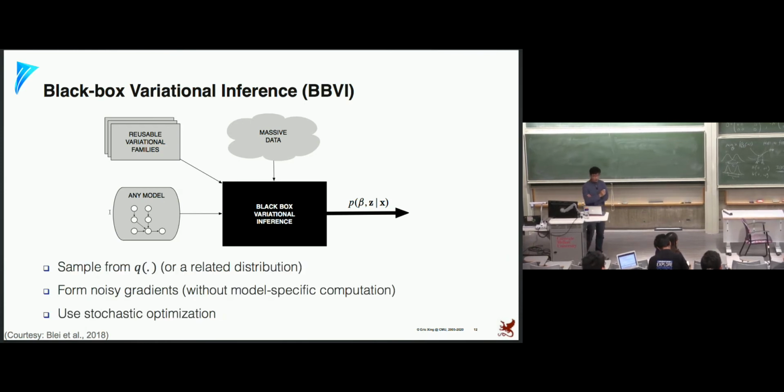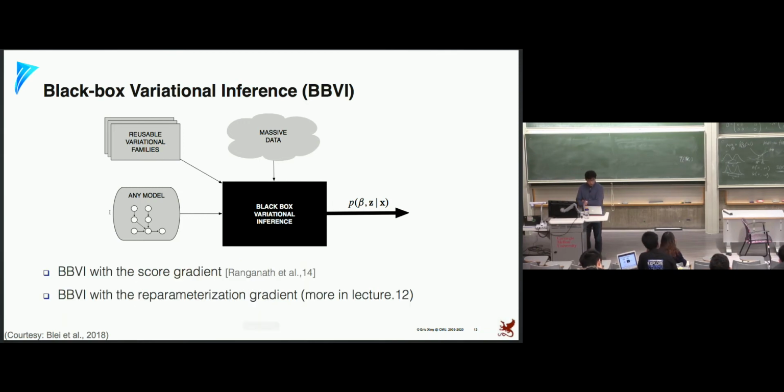Whatever model you specify, it'll use the neural network to output the evaluation of your variational distribution. And this Q is parameterized by a big neural network that's very flexible.